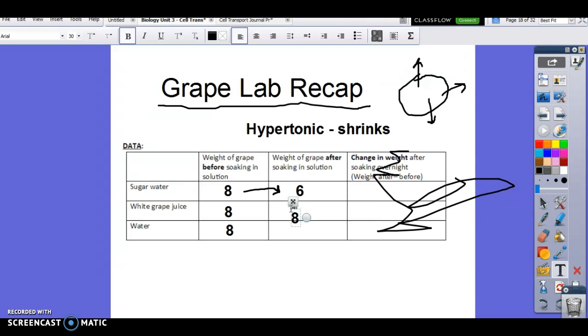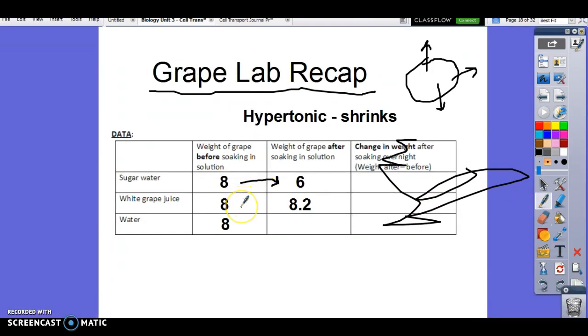Probably not very high, but you might have gotten something like 8.2 or 7.8. I know your numbers were more around 15. If you got something roughly the same, we could call that isotonic because it didn't change a whole ton. So the white grape juice was supposed to be isotonic.